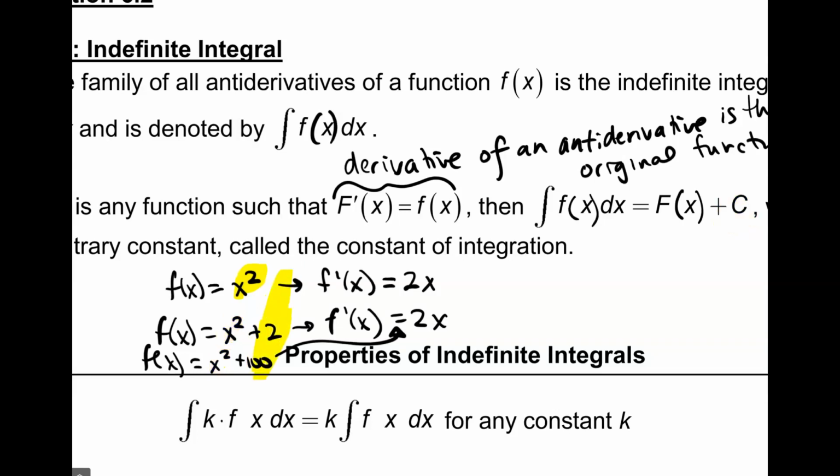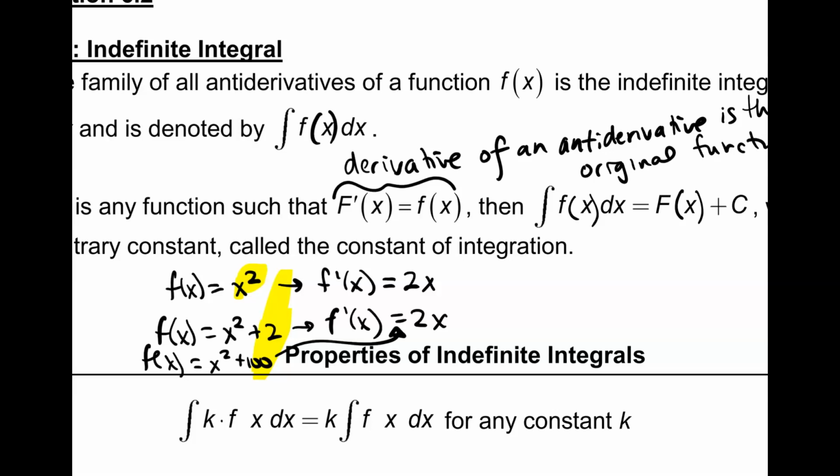You have to figure it out based on an initial value. If I say f of 1 is 1, you plug that in and you can find out what the c would be. If you have x squared plus a number, it doesn't matter what number you're adding, the derivative will always be 2x.